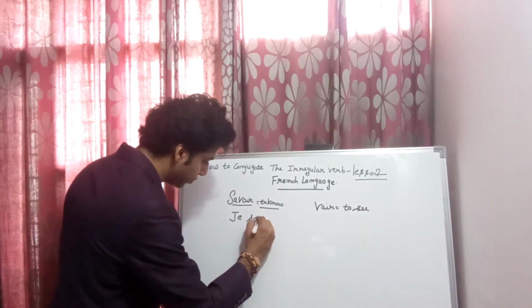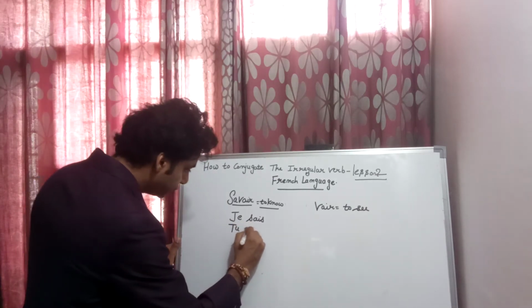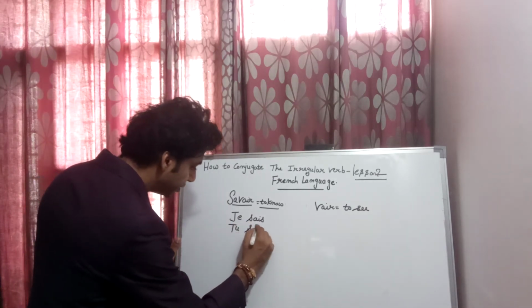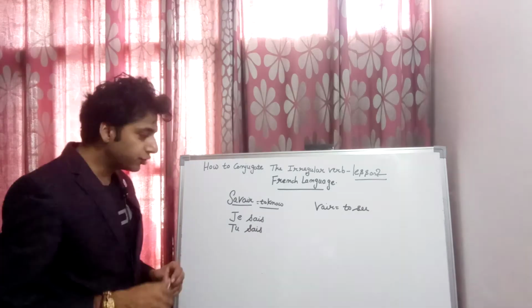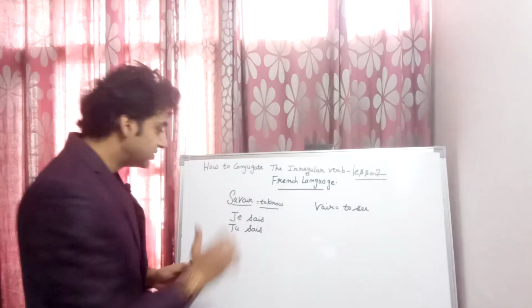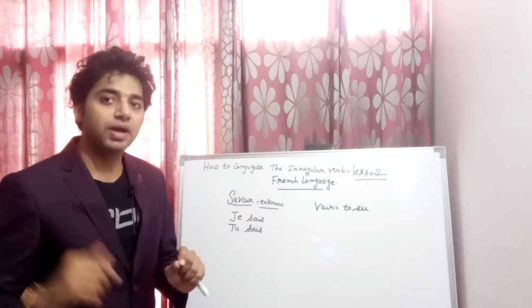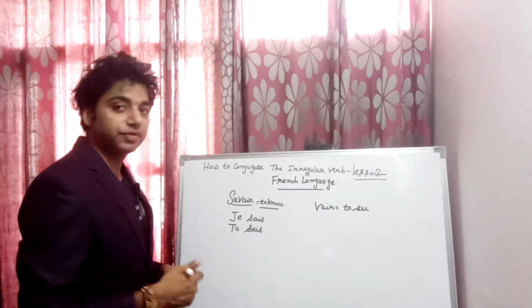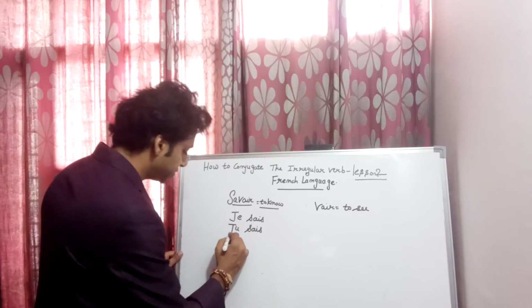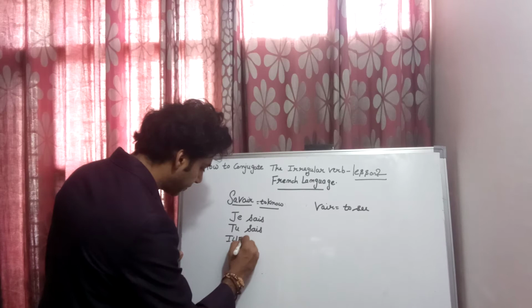Je sais is I know, speak up. Tu sais. I have to conjugate my verb, because savoir is to know, but it does not conjugate according to the regular formula. There will be different endings. So speak up: je sais, tu sais, il, elle sait, répétez après moi.